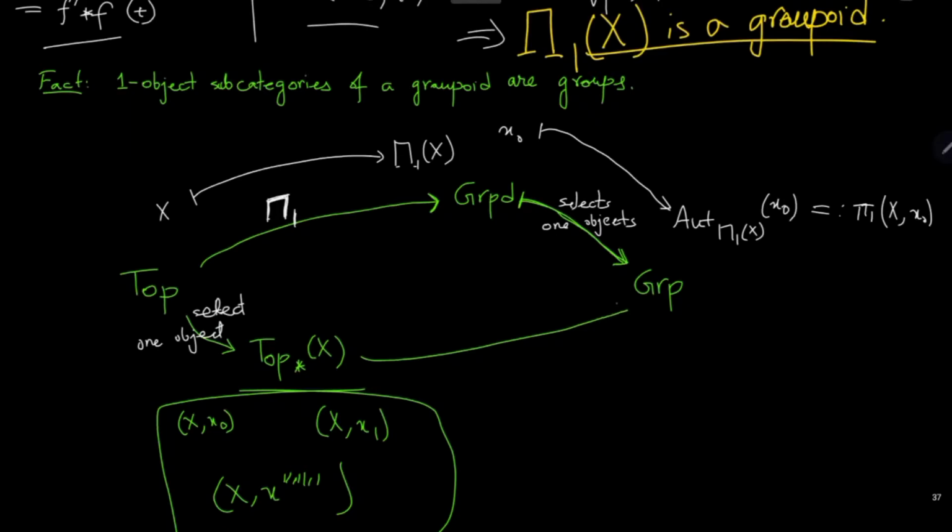And from this there is this functor. In fact, in general, from Top star itself, we have a functor to groups called the fundamental group functor.